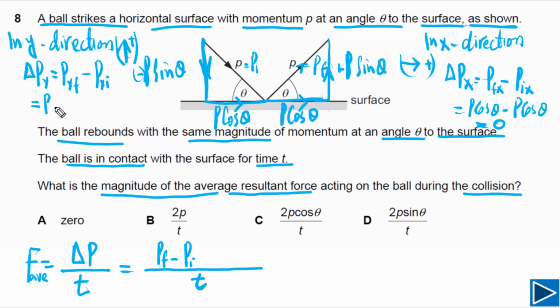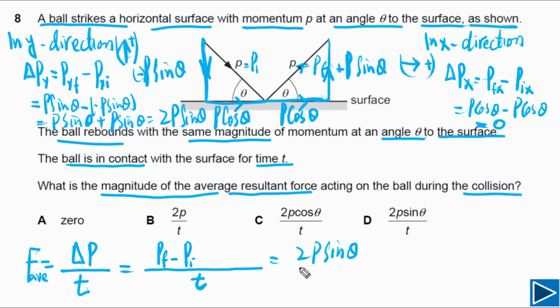P final is P sine theta, and P initial is minus P sine theta. Minus minus multiplied gives plus, so this is P sine theta plus P sine theta, which is equal to 2P sine theta. This is the change in momentum, so the force is 2P sine theta divided by t. So our final answer is D.